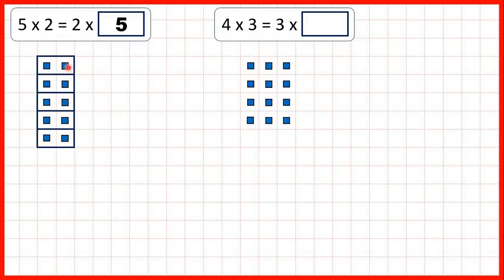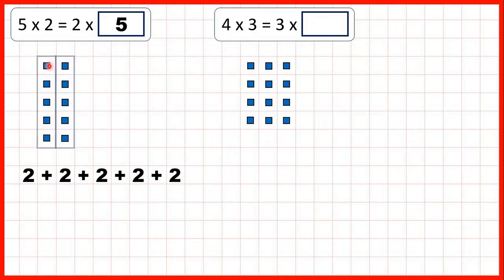So looking at it this way, we can have 5 groups of 2 because 2 plus 2 plus 2 plus 2 plus 2 is 10. So 5 lots of 2 makes 10. But if we look at our array the other way, we can also see that we have 2 groups of 5. And 5 plus 5 is 10 as well.